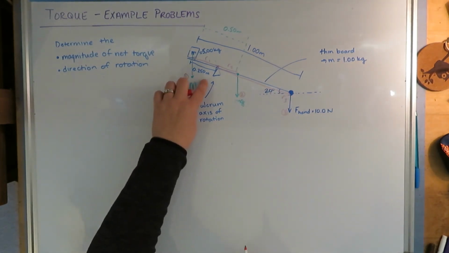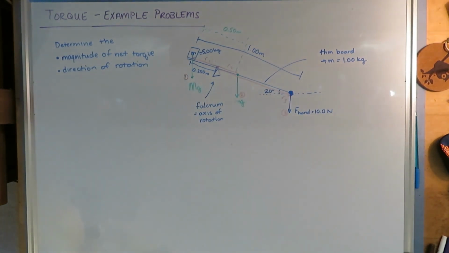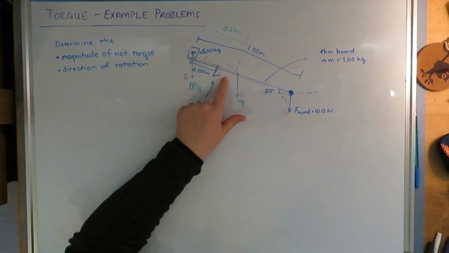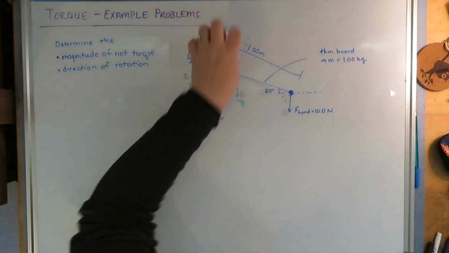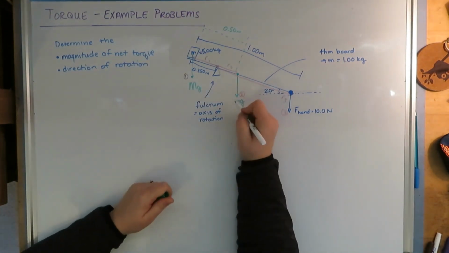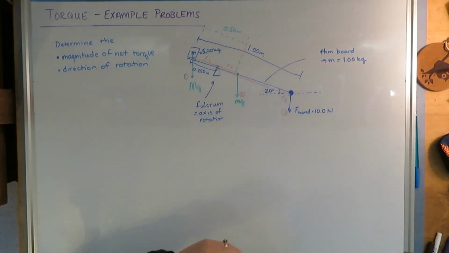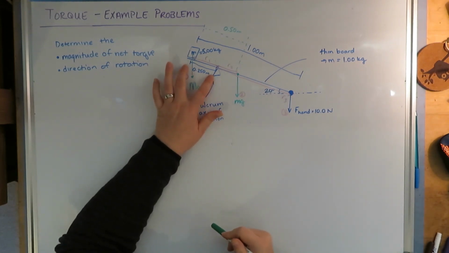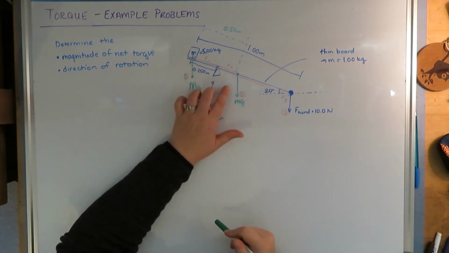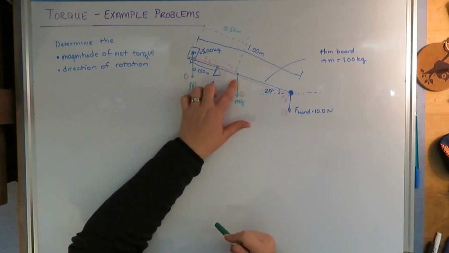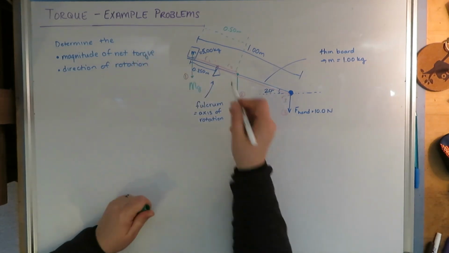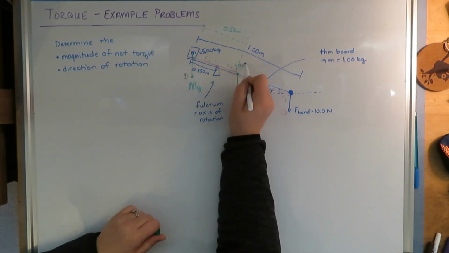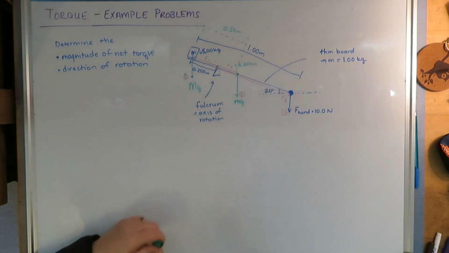Now, R1 is given. R1 is going to be 0.250 meters. But we don't know right off the bat what R2 and R3 are. We can calculate them. I can see here that since this force is being applied at the midpoint, and they identify this distance as 0.25, then if I do 0.5 minus 0.25, that means that R2 is going to be 0.250 meters as well.